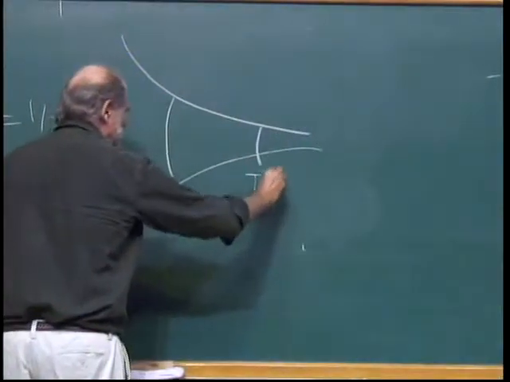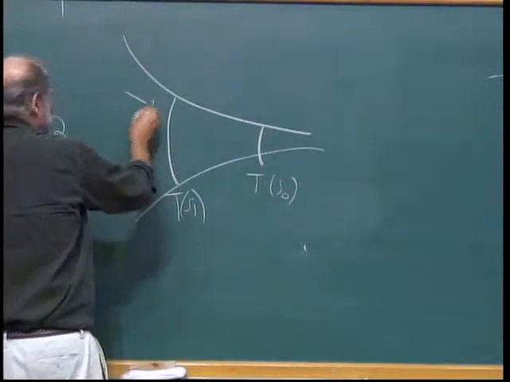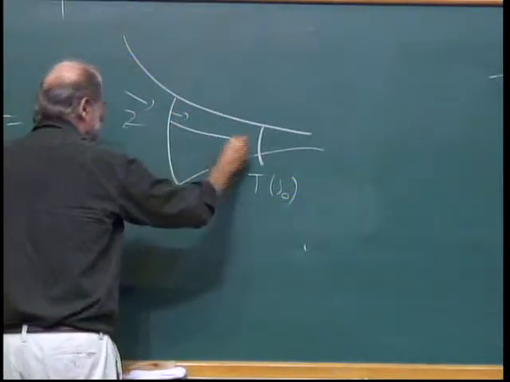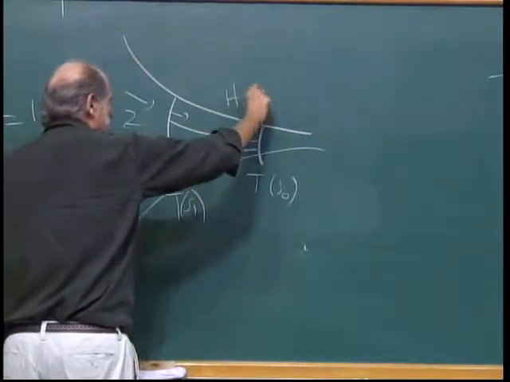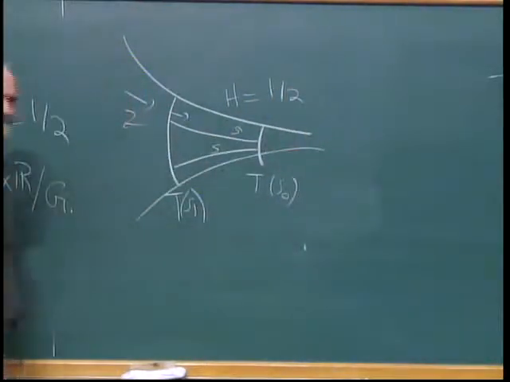T of S1, T of S0. There's the vector field Z. We go distance S here. And they all have mean curvature 1/2. Consider that quotient space for the moment, and you can ask the same kind of question. What is the Alexandrov theorem in this quotient space?